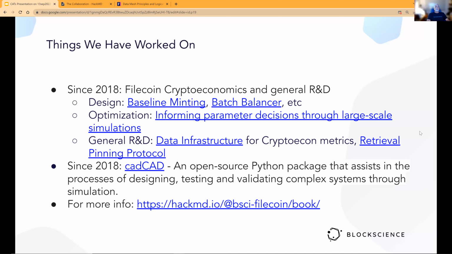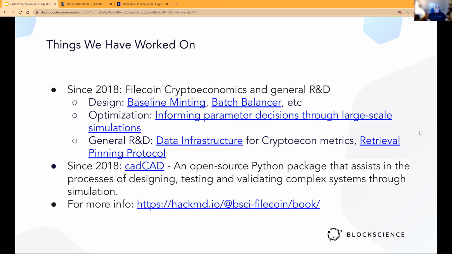He was the lead engineer on most of these projects. And as Kelsey mentioned, Filecoin makes a lot of use of CAD, and BlockScience makes a lot of use of CAD for the work we've done with Filecoin. I'd just like to call out that Joshua is one of the main developers responsible for the CAD product.